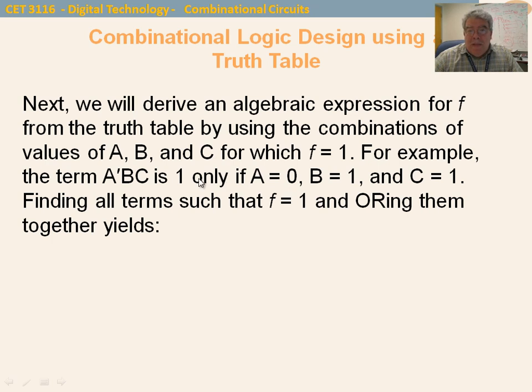In this case, for instance, if I have the expression A naught, B, and C, it is going to be 1 only when A is 0, B is 1, and C is 1. So we need to find all terms for which F is 1, and then you combine them. As I said, this corresponds to each and every one of the rows. And then ordering all the rows, we have the complete expression.